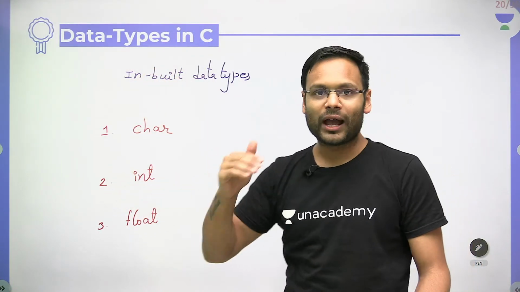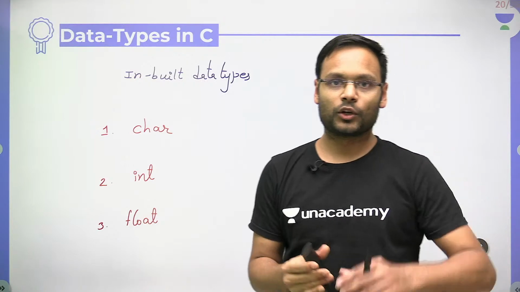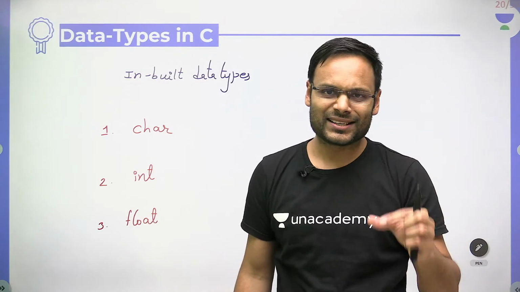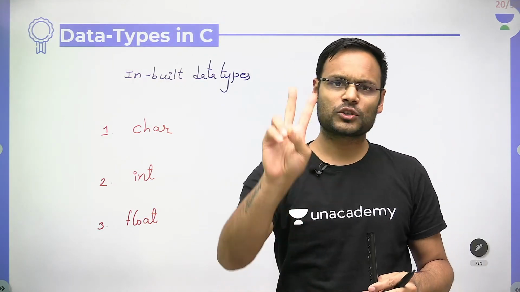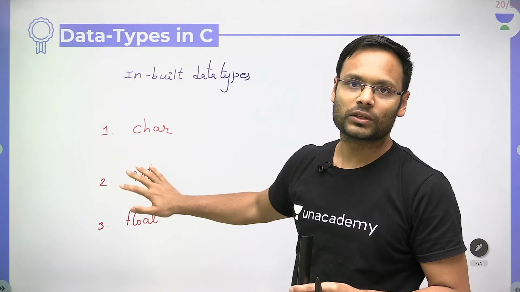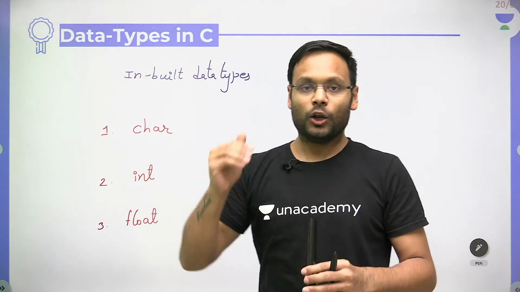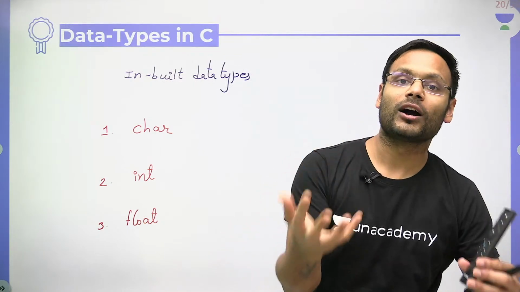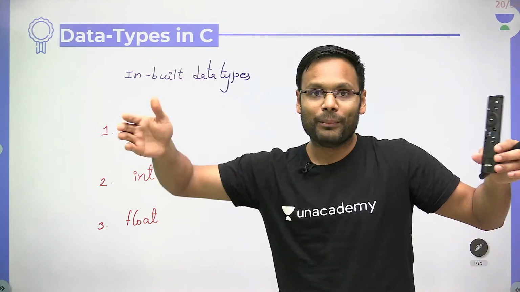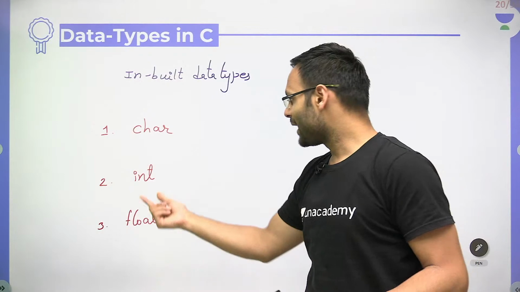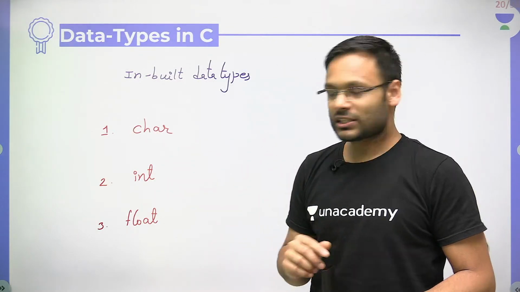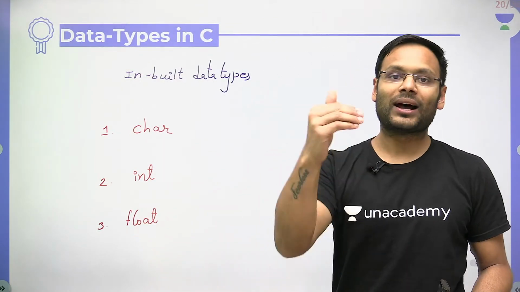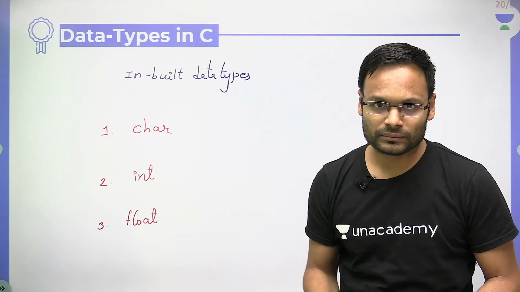Now in integer you have more categories: short integer, long integer, etc. Short integer means you use 2 bytes to store the integer value. Long integer means you can have a larger value of integer. If you want, you can go for long int. Similarly, in float you have other categories, double and long double.